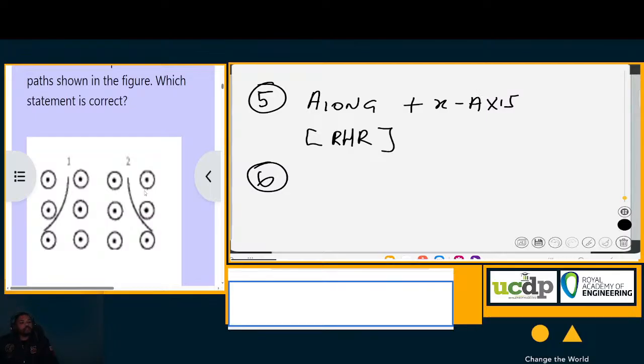How do we know this? It is from the right hand rule for a particle moving downward into this field.